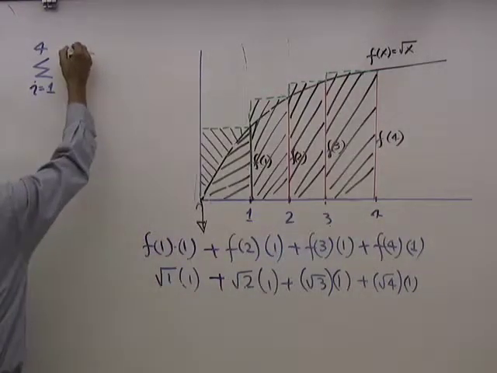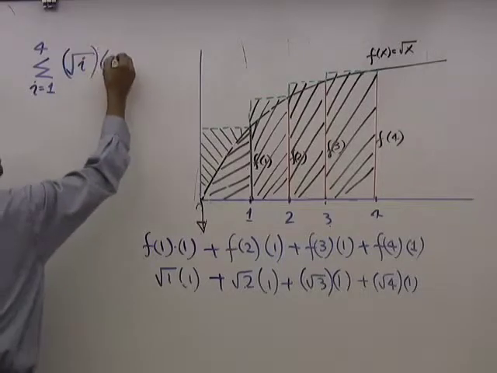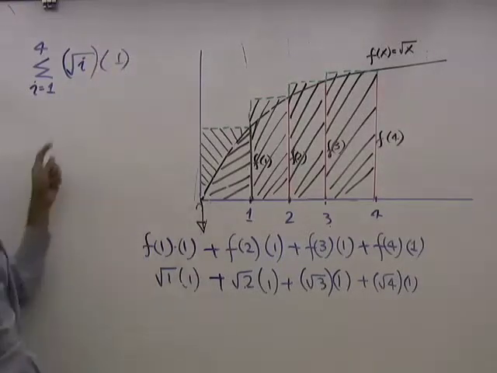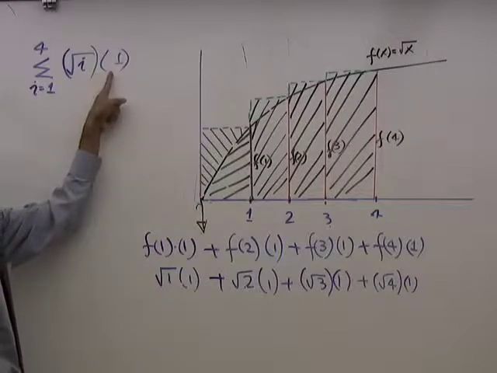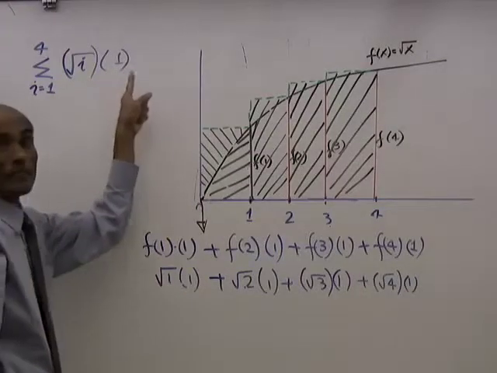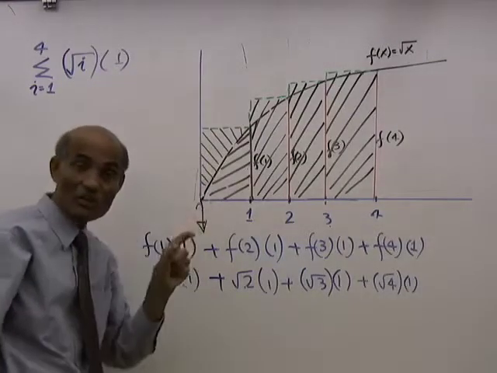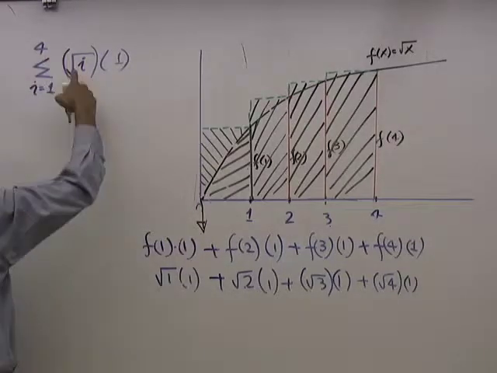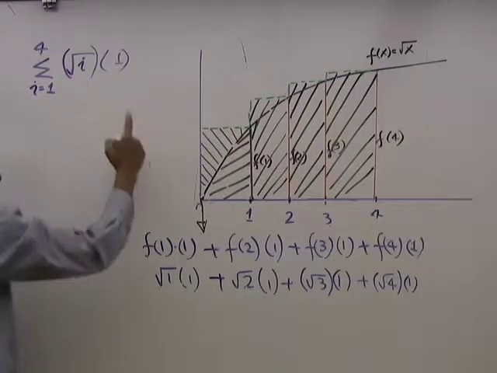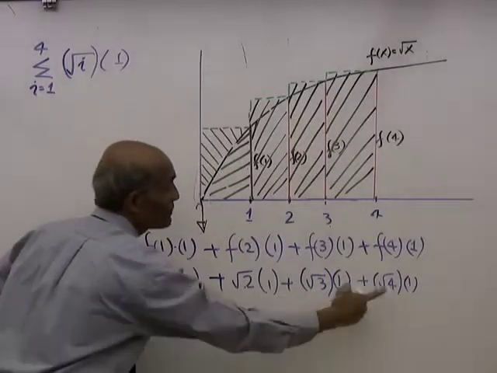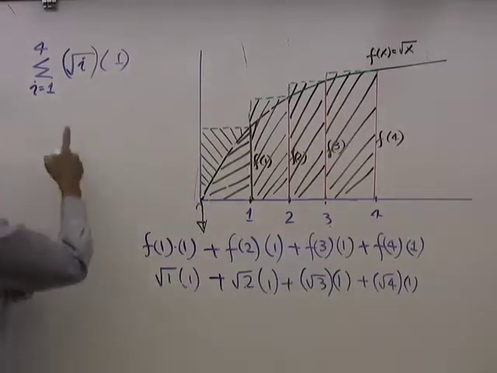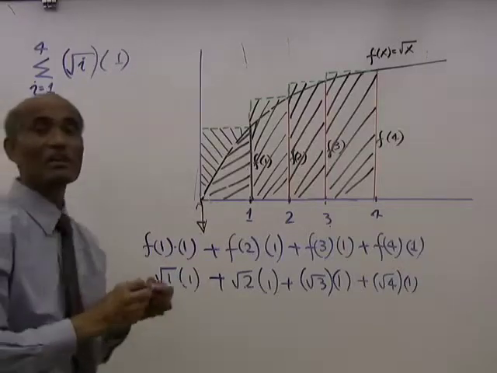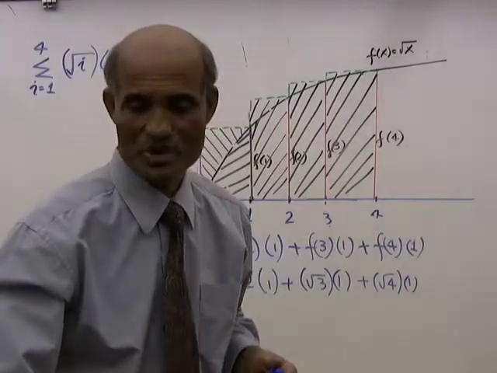So that will be square root i multiplied by 1. That is the height, and this is the width of the rectangle. So summation i equal to 1 to 4 of square root i times 1 is this sequence. Now, how do you evaluate that on the calculator? I'm going to show it to you on the calculator.